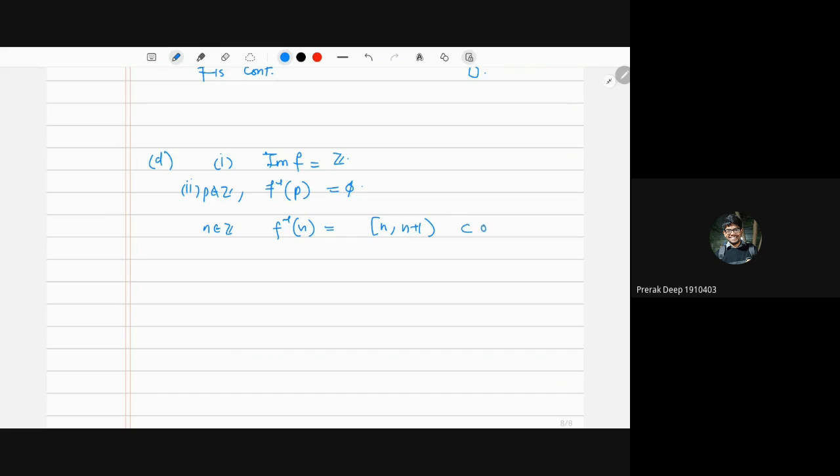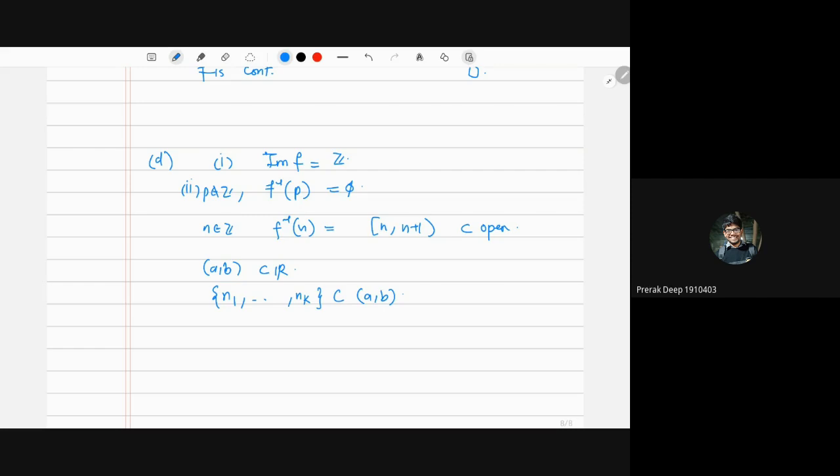So if you take any interval in R, that interval may have n1 up to nk many integers in it.